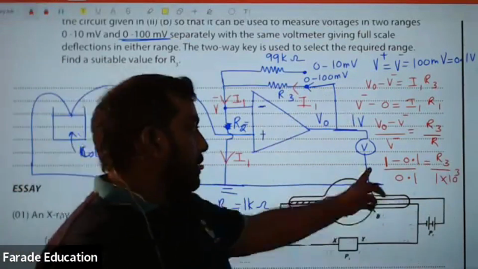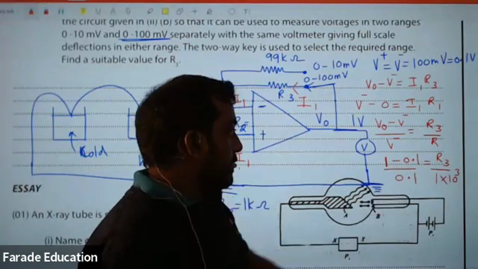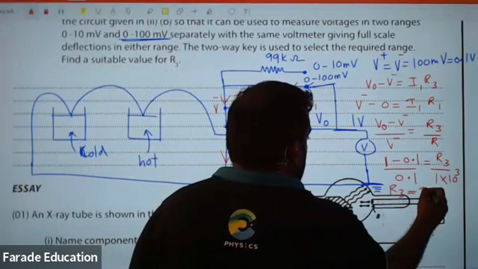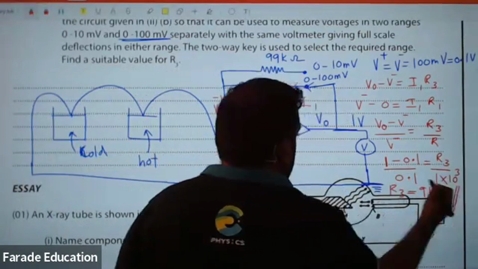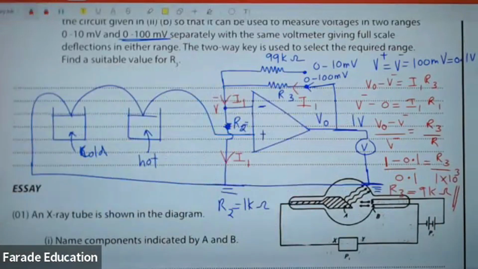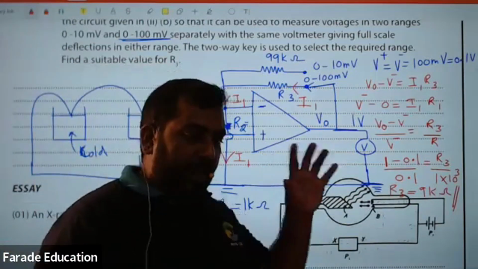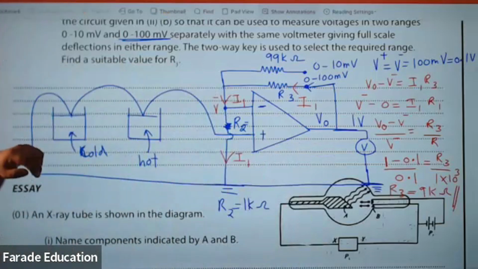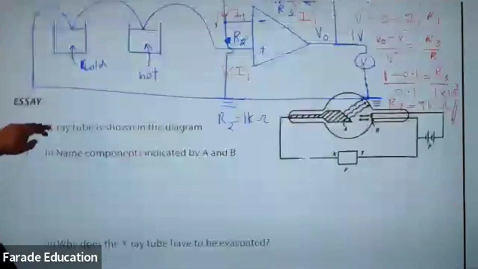So here you'll have 9. R3 is 9 kilo ohm. Okay? So what am I doing? You're applying basic theory connected to operational amplifier. Right, moving on.